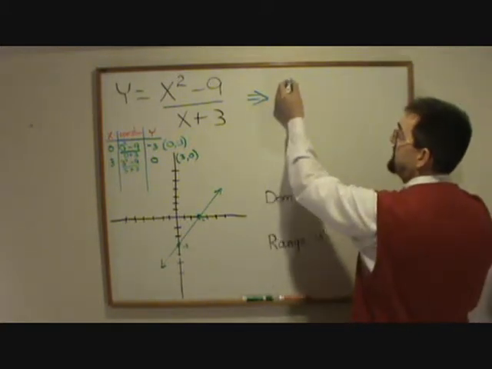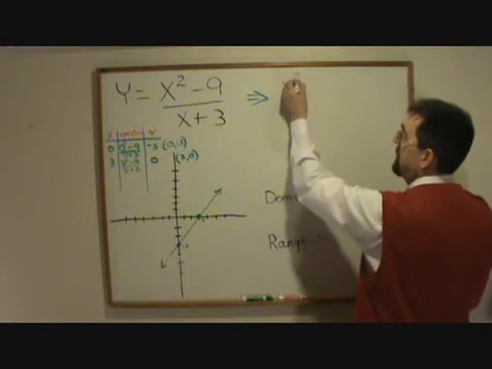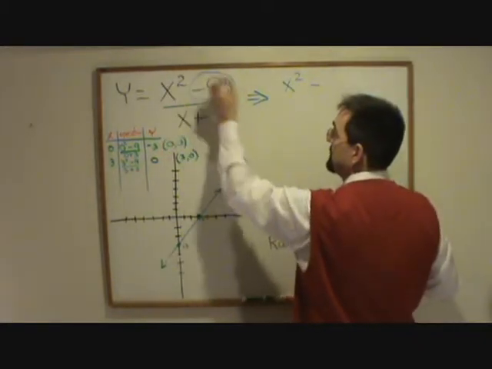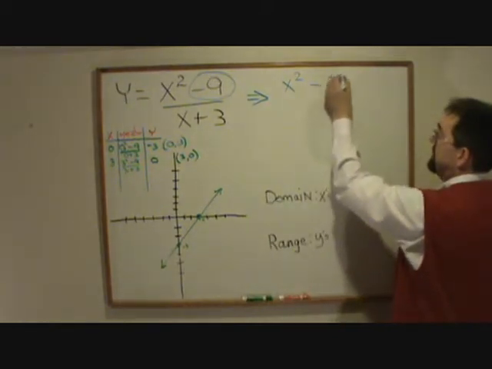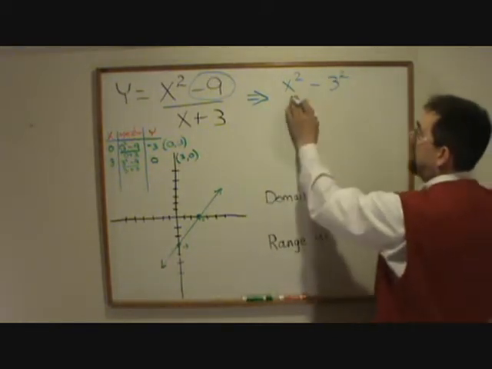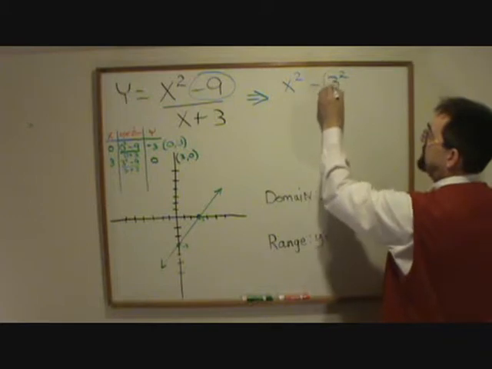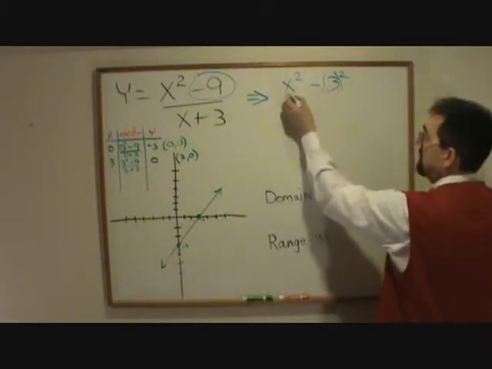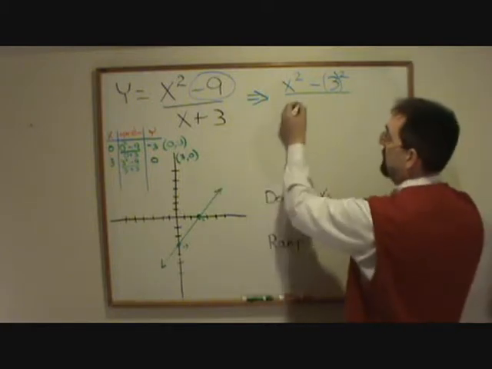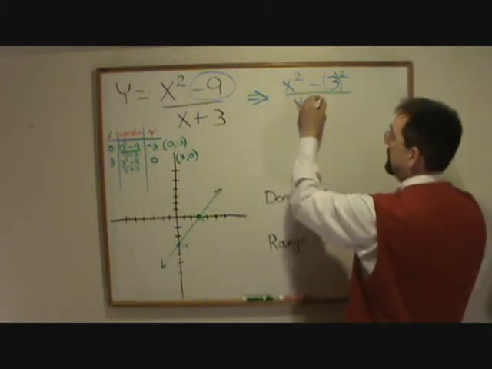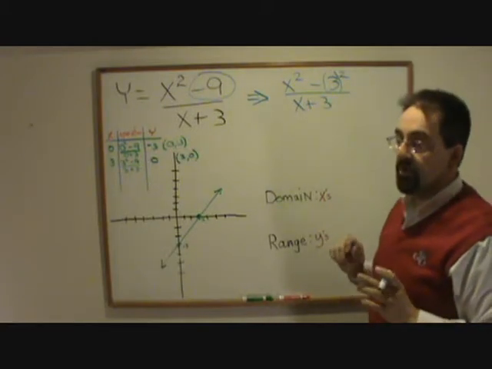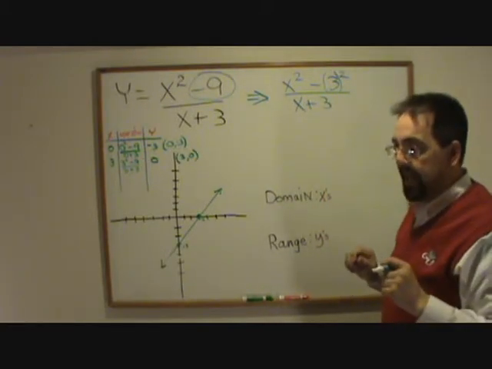The first thing I do when I see this is rewrite the 9 as 3 squared. So x squared minus 3 squared, all over x plus 3. All I did was rewrite the 9. Well, there's one of those rules or identities in algebra.